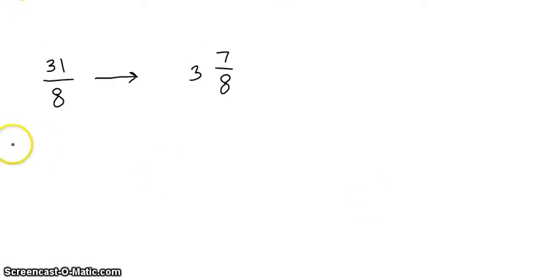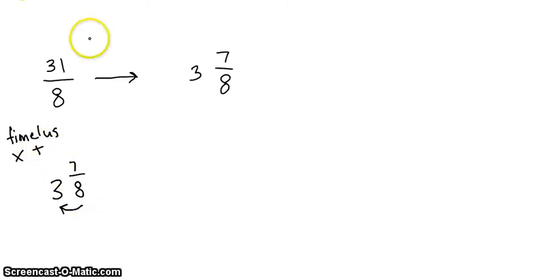Okay, and if I'm going back the other way, so if I have 3 wholes and 7/8, and I need to convert that into an improper fraction at any time, this is one way I could do it. It's called times-plus, which basically means we times and then we plus.